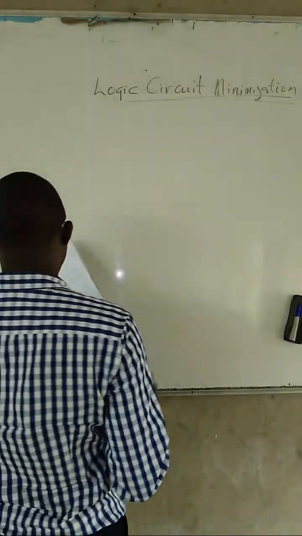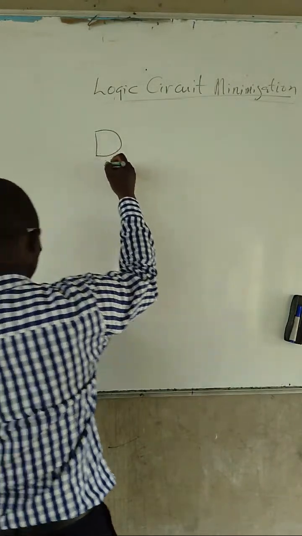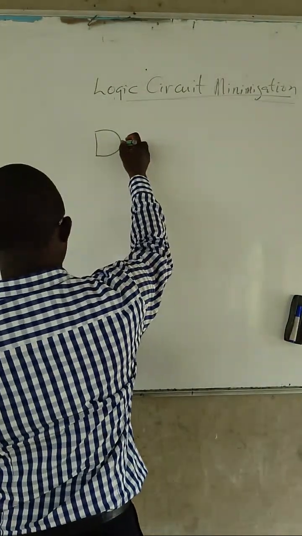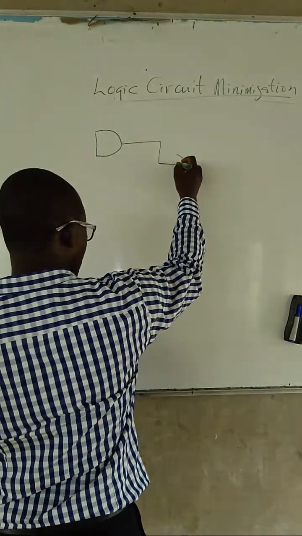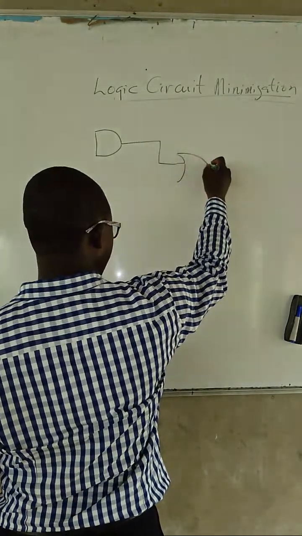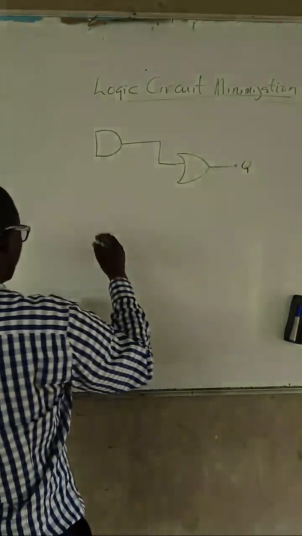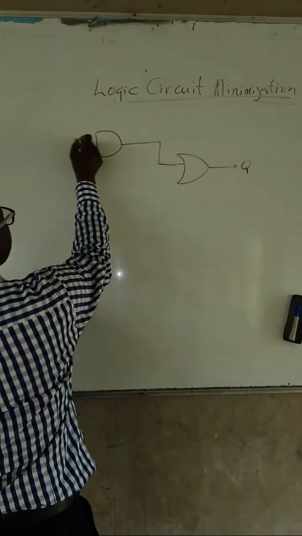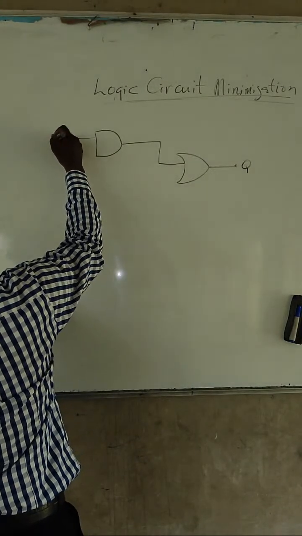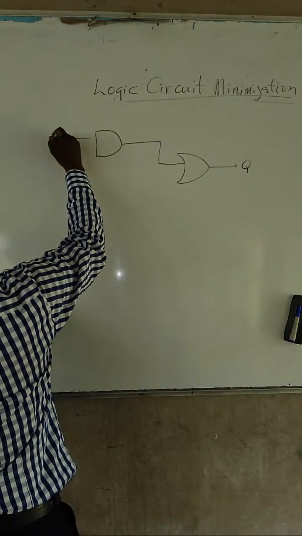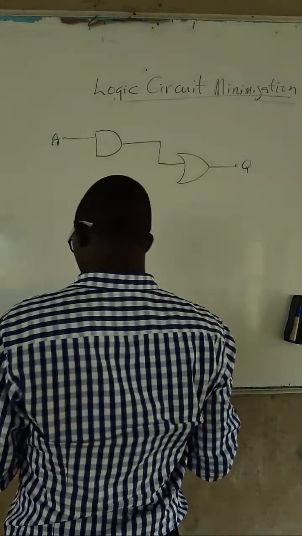So let's have the second example. We have an AND gate like this, going out to enter an OR gate to give us output Q. The input to this AND gate is A at the start here, then also we have input B with it.